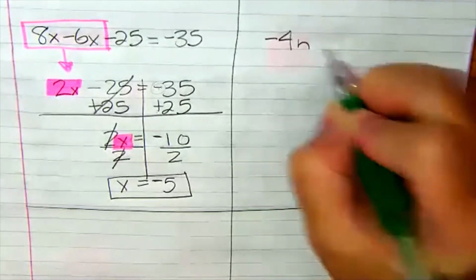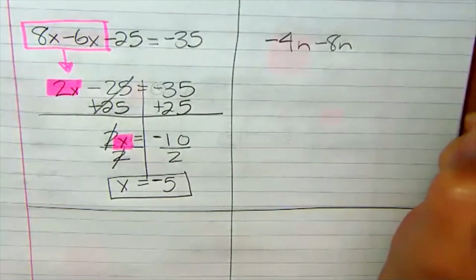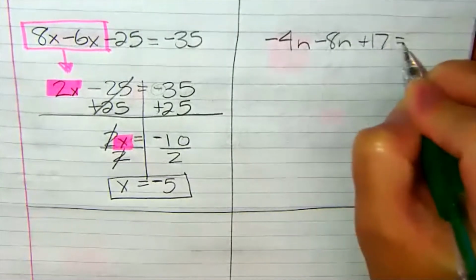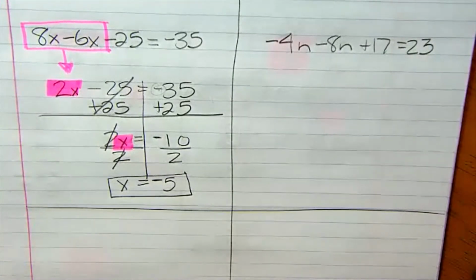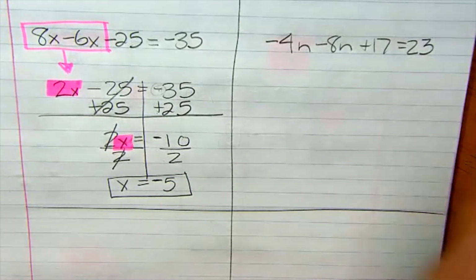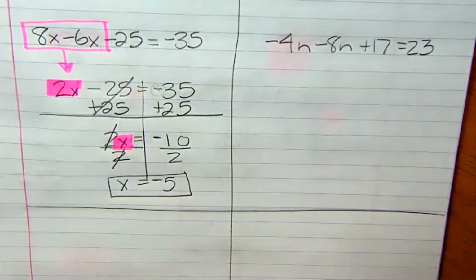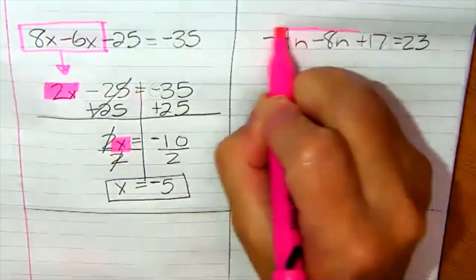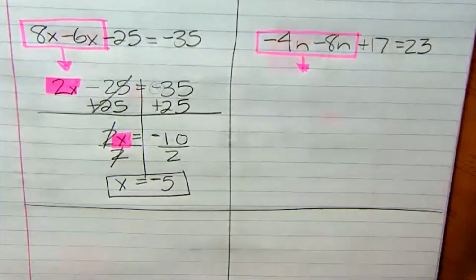Negative 4n minus 8n plus 17 equals 23. So we know we need to isolate the variable, but I've got 2 of them here. Okay. So in 6th grade, we learned that we can combine like terms.